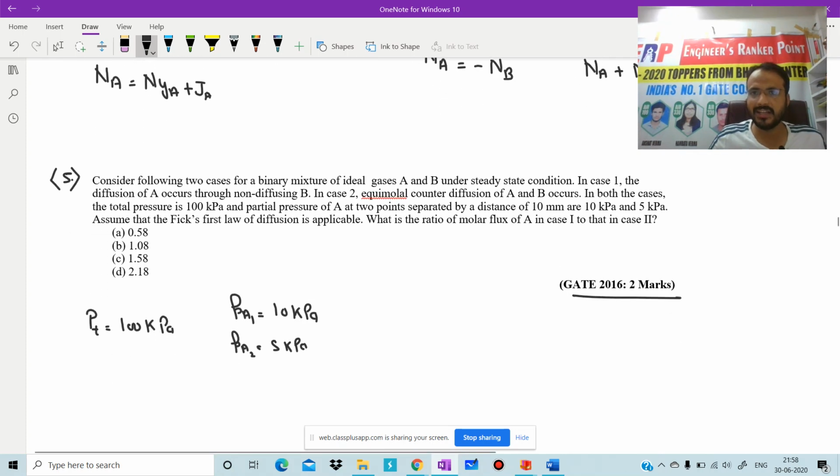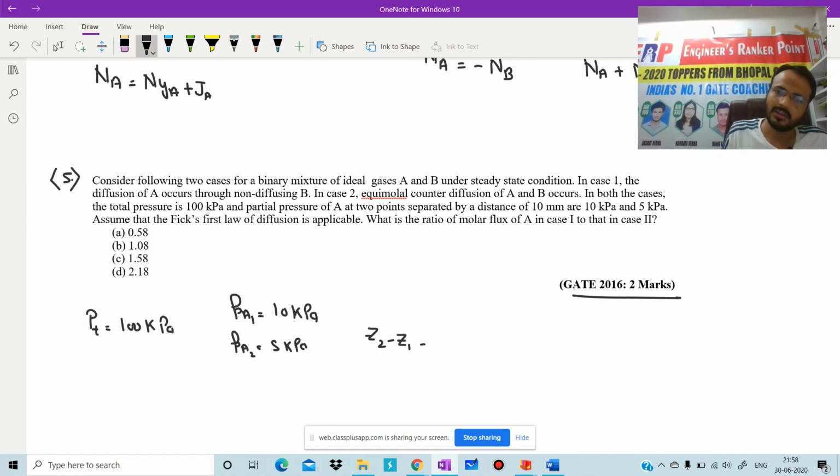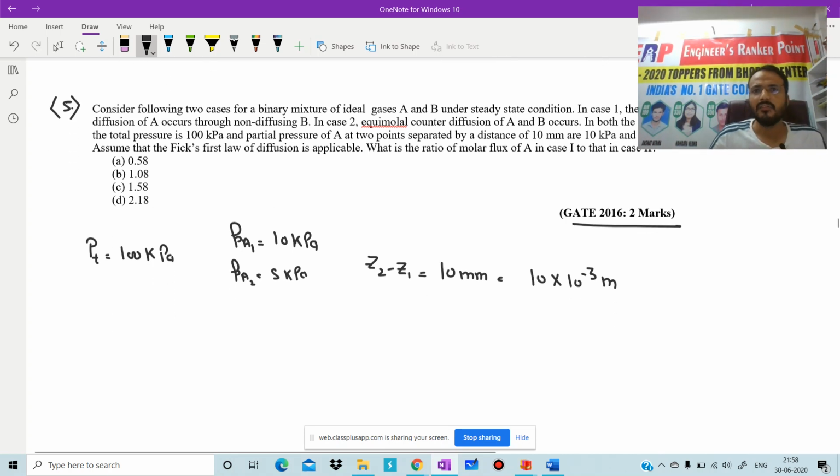Both points are at a distance of 10 millimeter. It means Z2 minus Z1 is equal to 10 millimeter, or 10 into 10 to the power minus 3 meter. There should be no doubt. After that, what is the ratio of the molar flux of A in case first to case second?